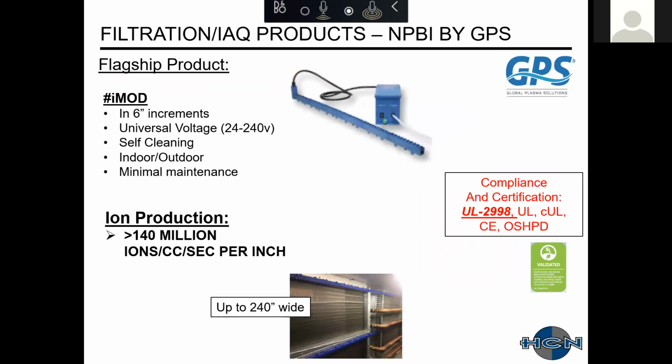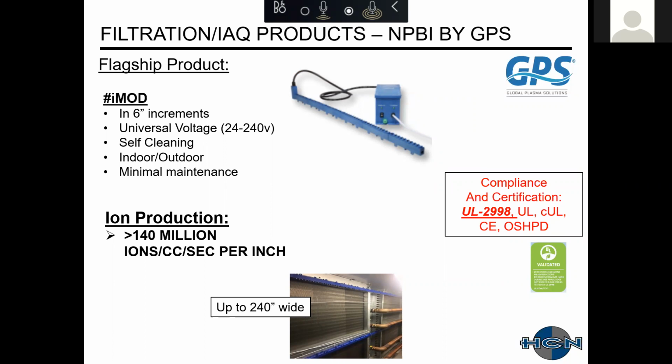GPS's flagship product is the iMod. There's a picture of it in the center there. You have these blue, Lego-ish pieces with the generator on them. The blue box is your power source, and it is available with universal voltage.